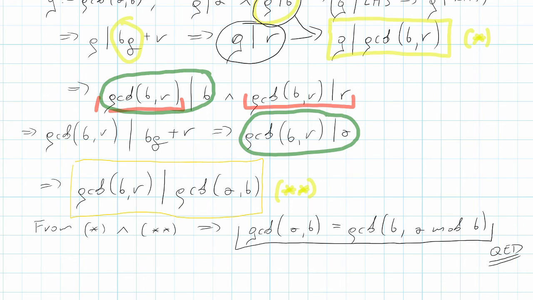Of course, we remember that here, as always, the greatest common divisor is defined up to a multiplication by a unit, by an invertible element. So for example, the greatest common divisor of let's say 9 and 15 is equally well 3 and minus 3.